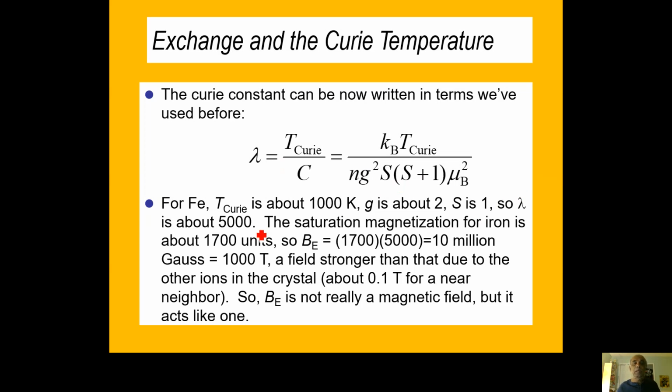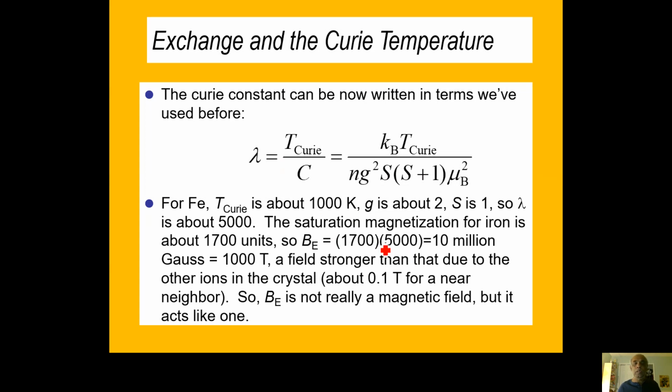So if you put this equation, typically this Curie temperature for iron is about 1000 Kelvin. So we know g value is 2. If you substitute that one, you get lambda is about 5000. So now remember your Weiss field is given by lambda times M. So lambda is like 5000.